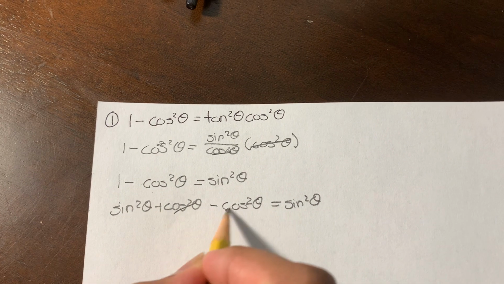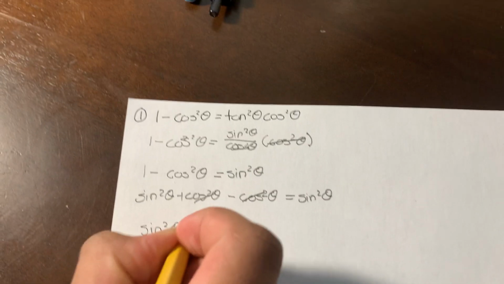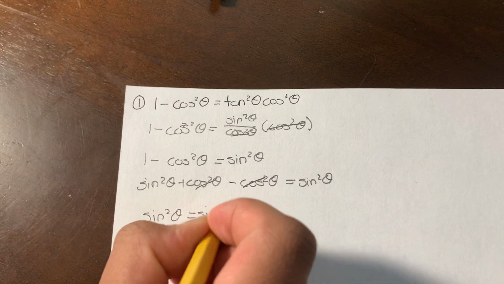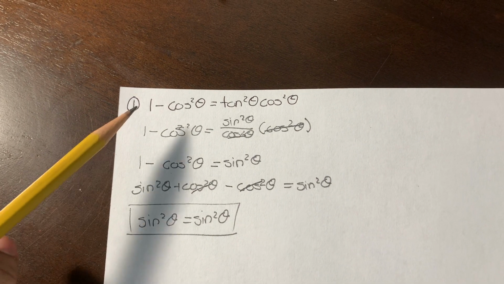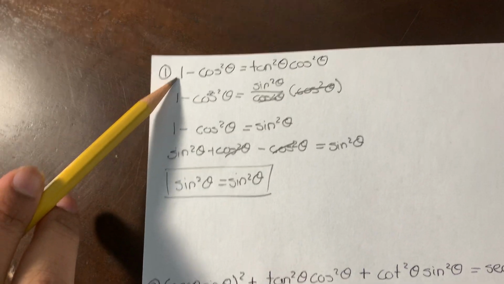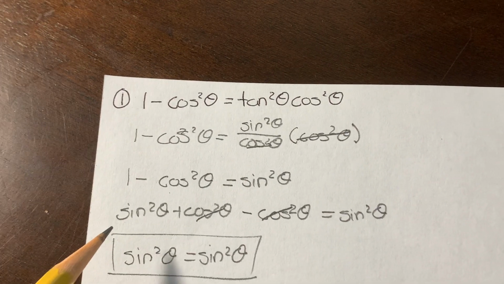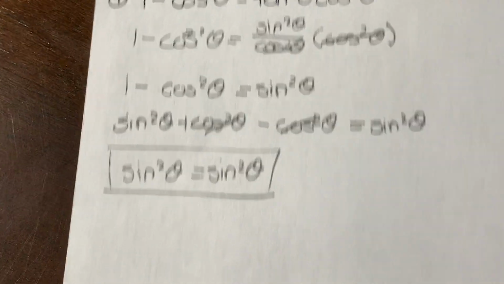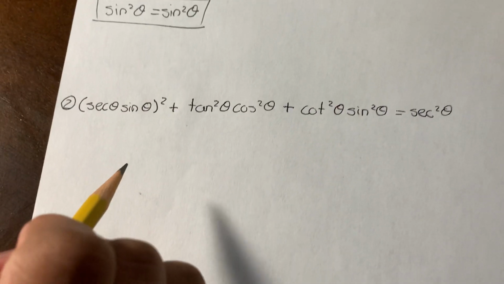Now, as you know, the cosines cancel out and we're left with sine squared theta is equal to sine squared theta. So in this problem, what we basically did, we used the first Pythagorean identity, as in sine squared theta plus cosine squared theta. Now we're going to do another problem, a slightly longer problem.